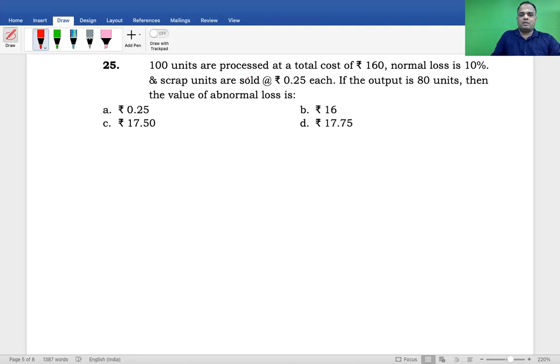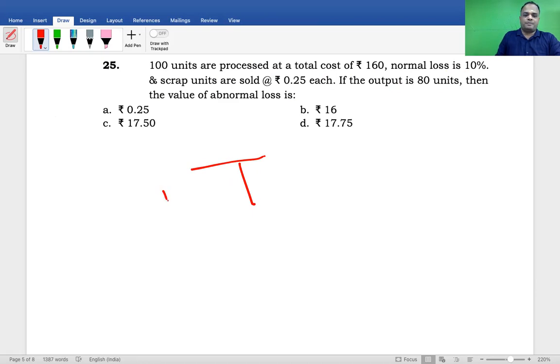100 units are processed at the total cost of 160. Normal loss is 10%. Scrap units are sold at 25 paise. If the output is 80 units, then the value of abnormal loss is what? On the debit side, input is how much?